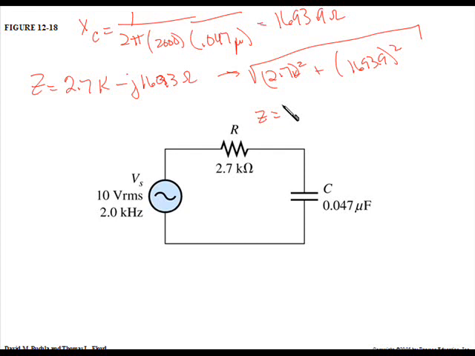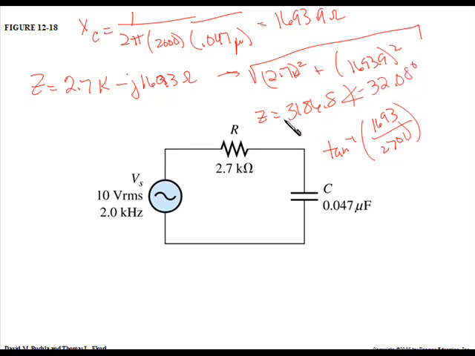So I get 2700 squared plus 1693 squared, square root, 3186.8, at an angle of inverse tangent of 1693 over 2700. So it's 1693 divided by 2700, second function inverse tangent is 32 degrees. It's a negative because of the capacitor.